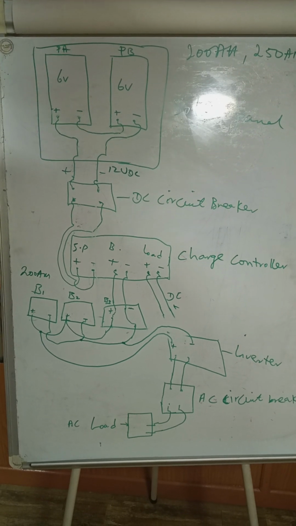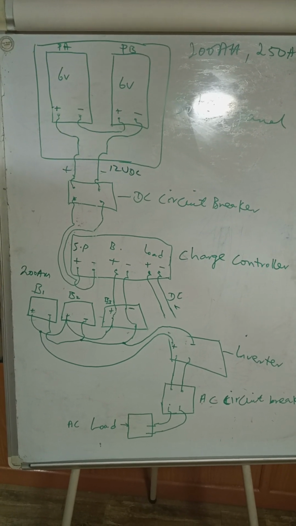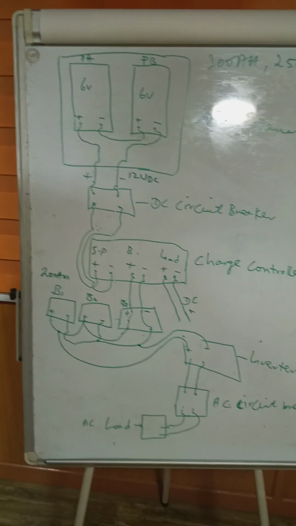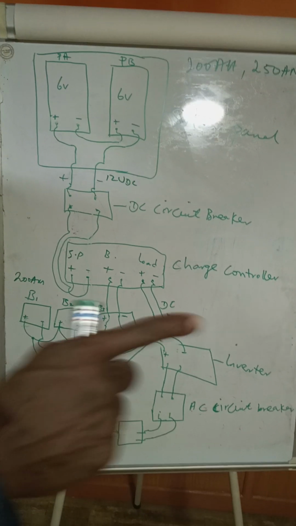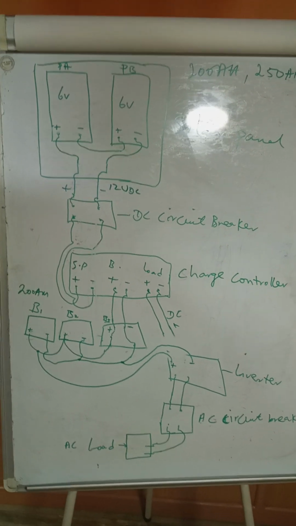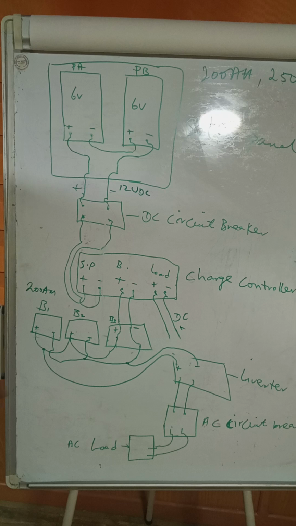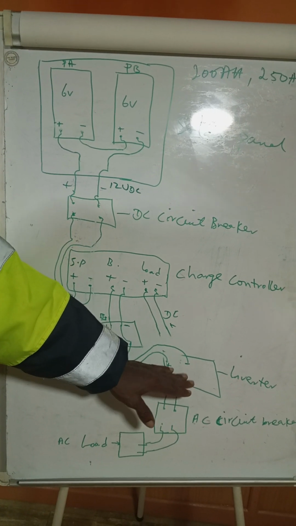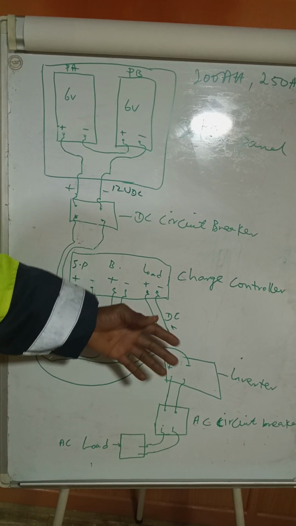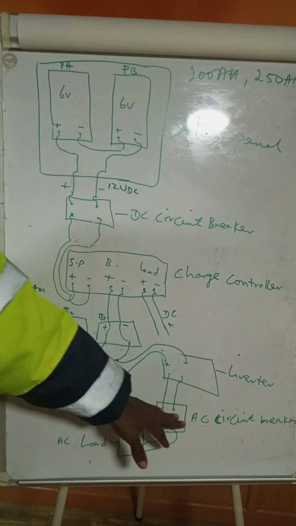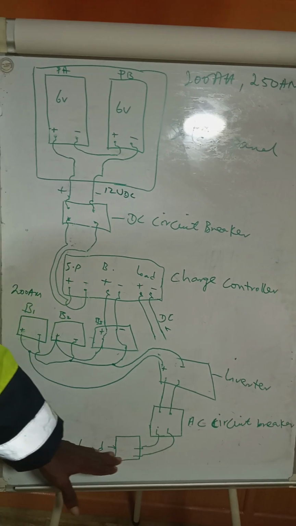So you are sure of 600 amps for 1 hour or 100 amps for 6 hours, depending on what your load is. So your inverter will invert the DC to AC and send it to your load.